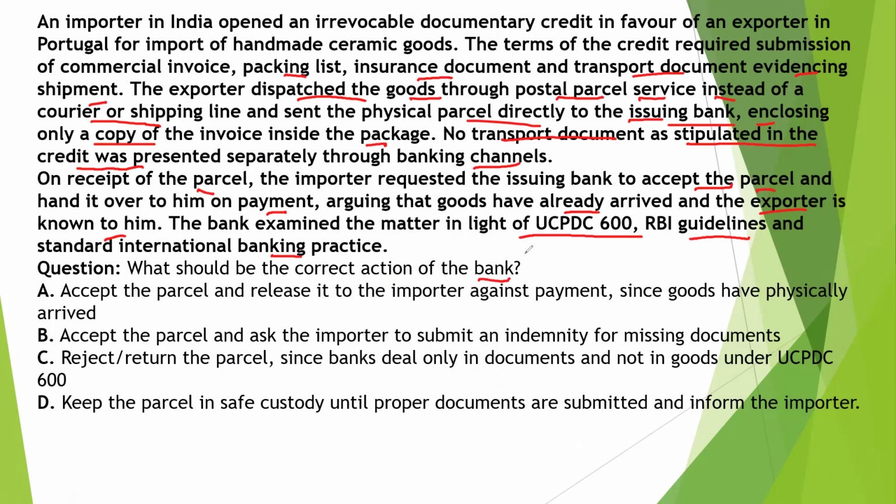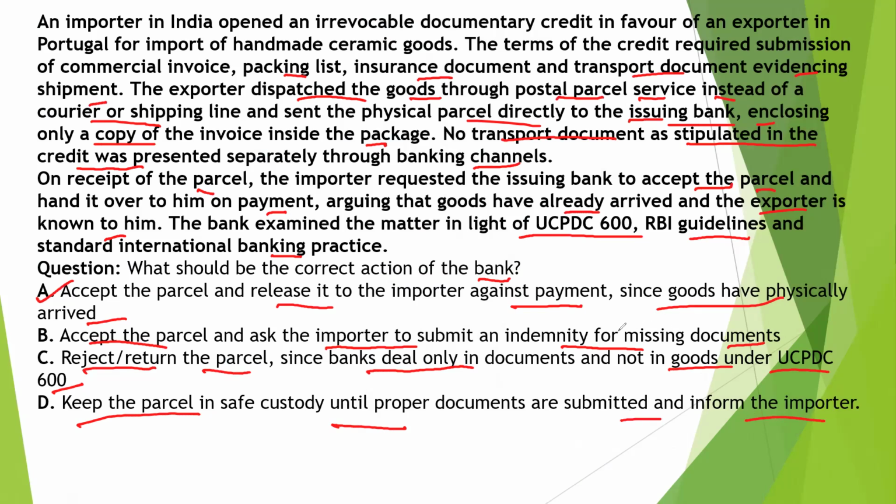A, accept the parcel and release it to the importer against payment since goods have physically arrived. B, accept the parcel and ask the importer to submit an indemnity for missing documents. C, reject or return the parcel since banks deal only in documents and not in goods under UCPDC 600. D, keep the parcel in safe custody until proper documents are submitted and inform the importer.